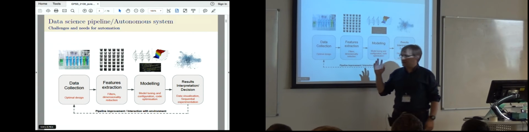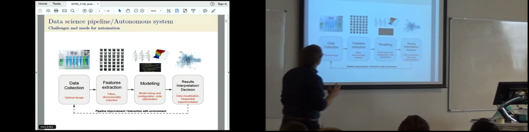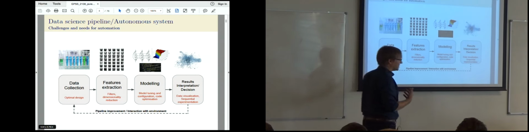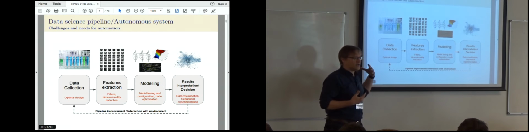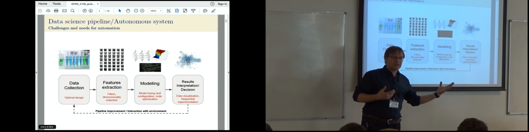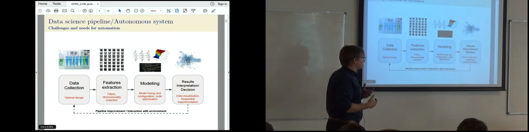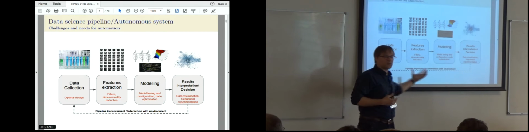So this is one of my first examples. When you are doing data science, you have to go through a number of steps. Probably any of you have in mind a different idea of what a data science pipeline should look like. This is just a particular way of representing that.